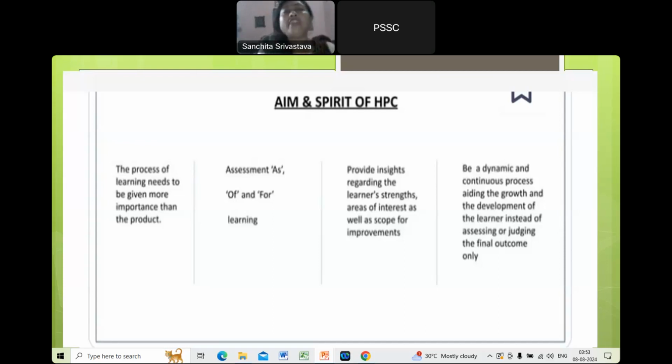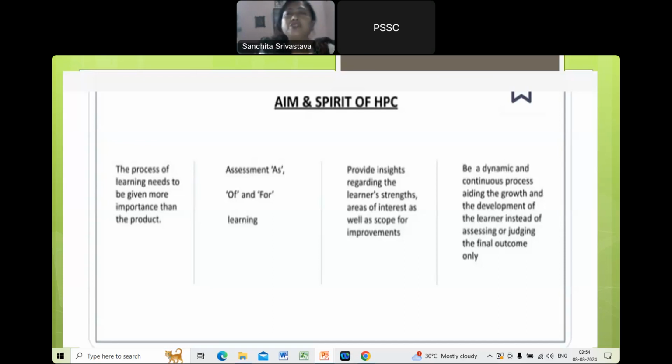Now, when we do that, assessment as of and for learning. Now, what is assessment? Can anybody tell me what the word assessment means? I'm waiting for your answer.